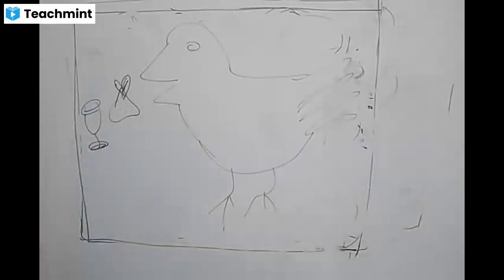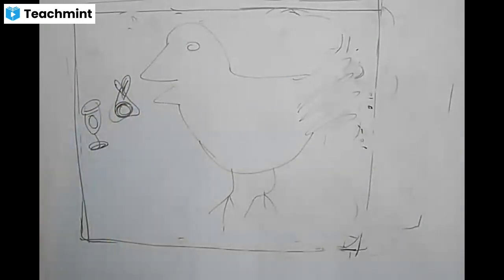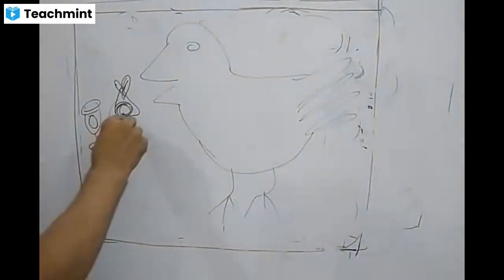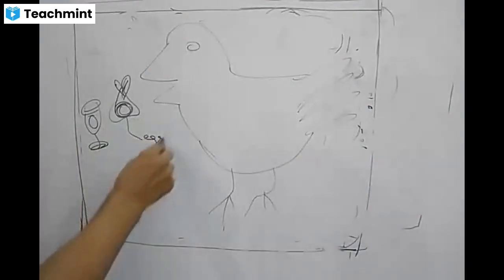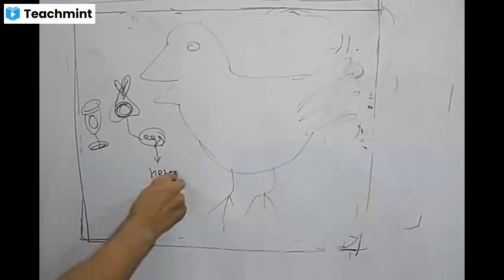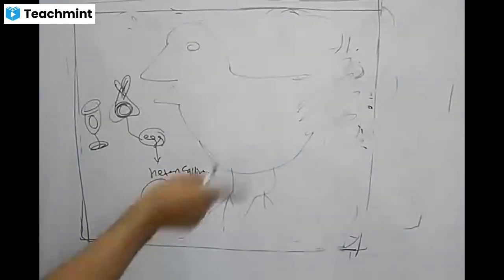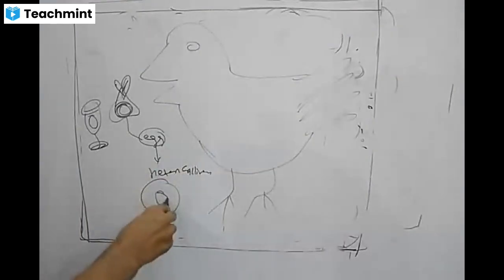This time, this food and water carry some egg. This is the egg of Heterakis gallinarum. Inside this egg, what do we find?